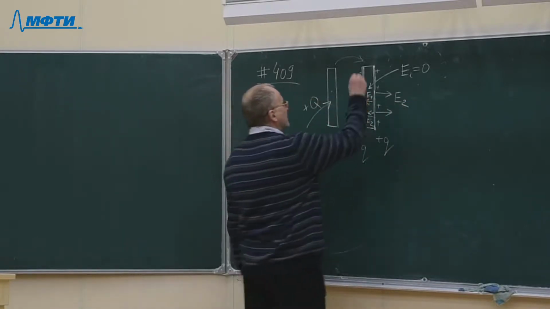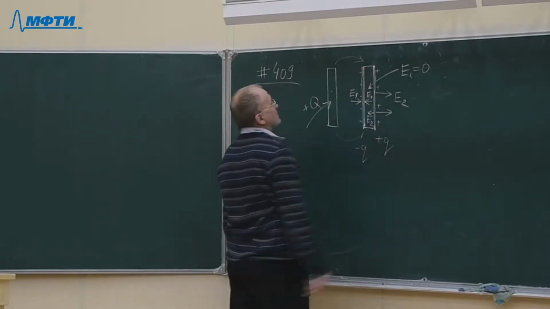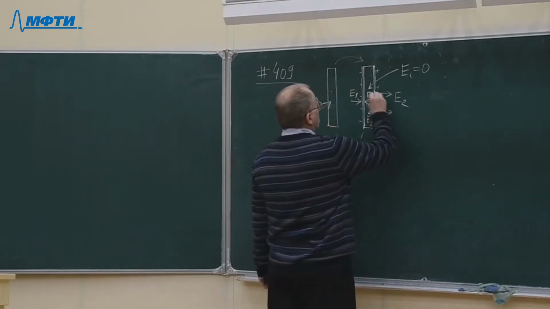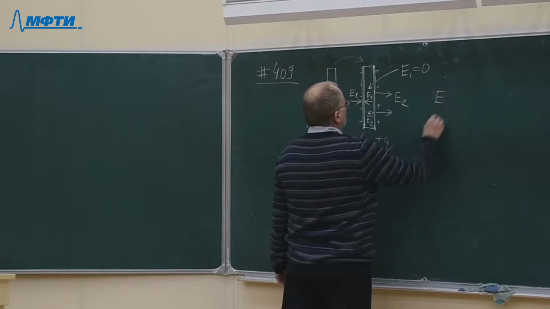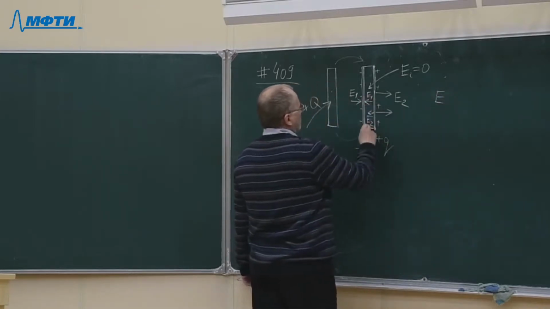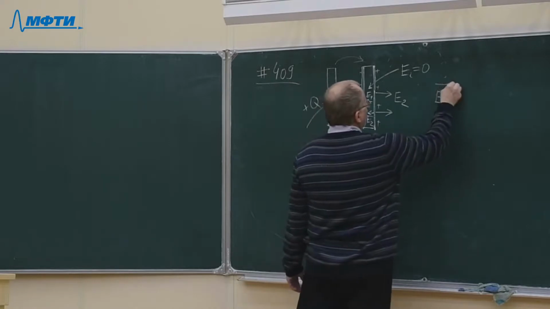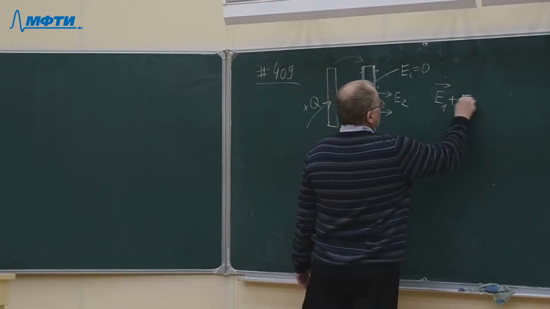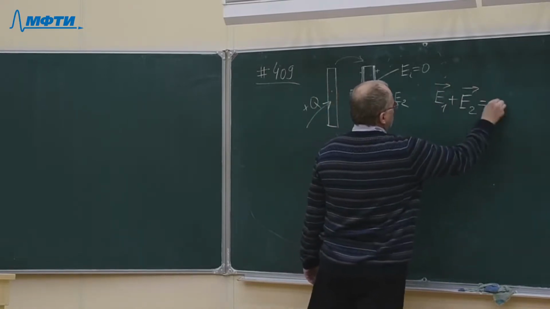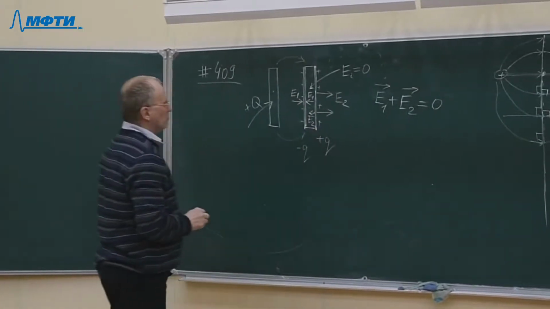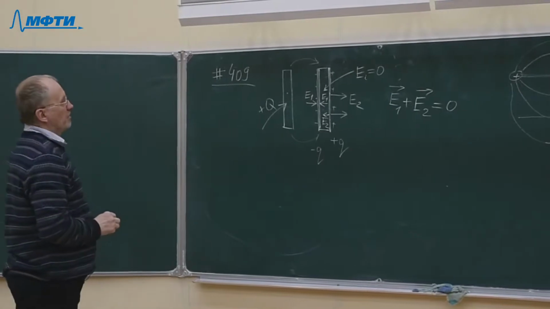And we know that the resultant field inside the conductor must be 0. So the resultant field, that is E1 plus E2 must be 0. If we take vector E1 plus vector E2, the net field here inside must be 0. That's for certain.